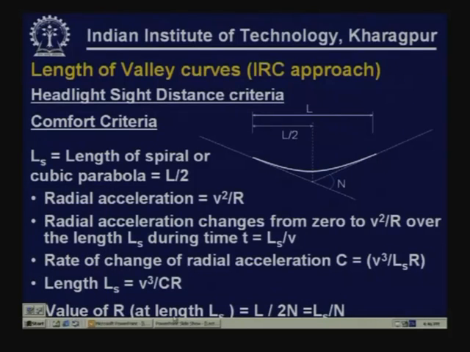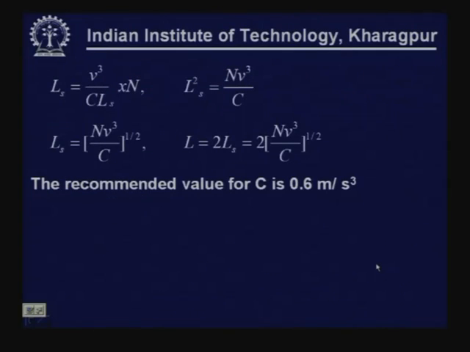Now, the value of r at length Ls is nothing but L by 2n or Ls by n, that we can consider. So, if we put these values, then accordingly you can calculate the length Ls equal to (n v cube by c) to the power half, and the total length L is 2 Ls.